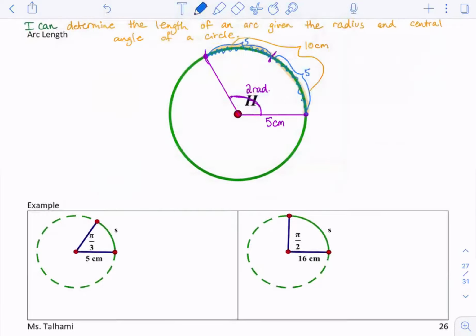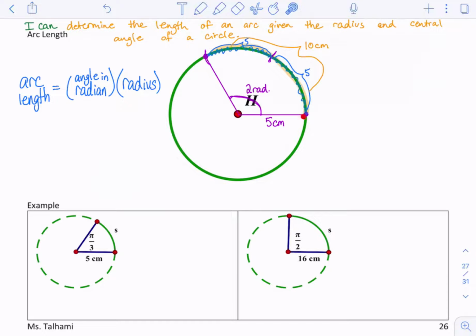So notice it always depends on the number of radians that you have. So I'm going to actually write this out like this. The arc length is equal to the angle in radians times the length of the radius. So I'm going to write it like this for now, just so that you could see.